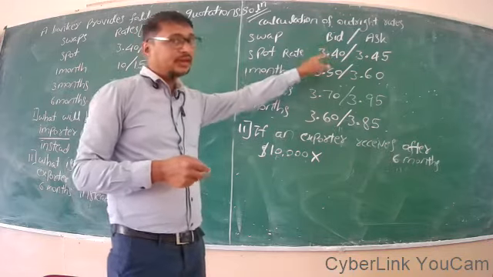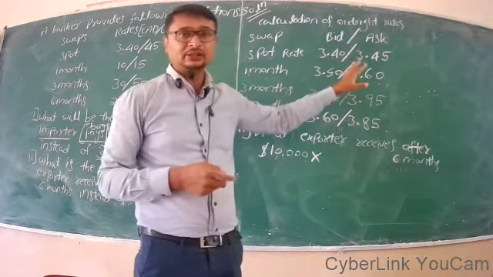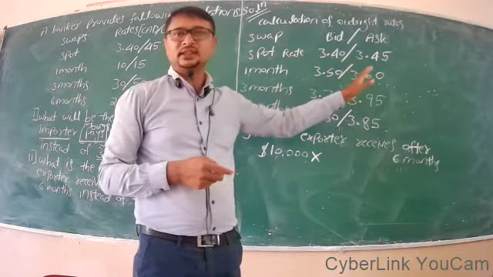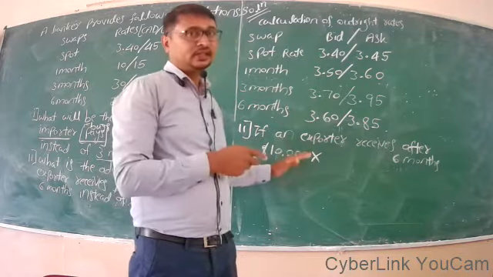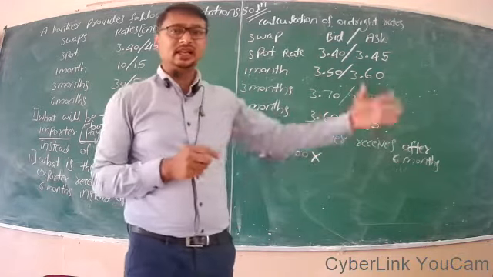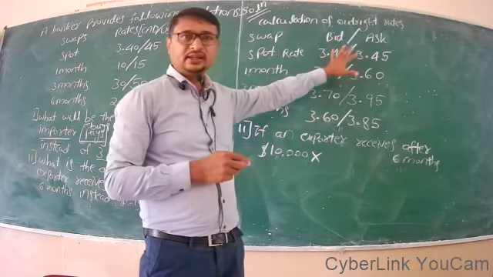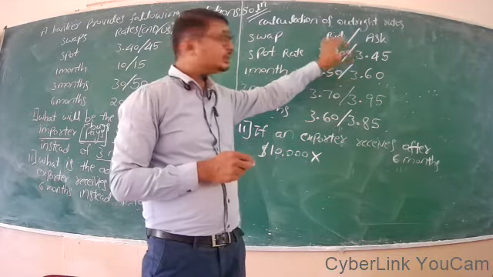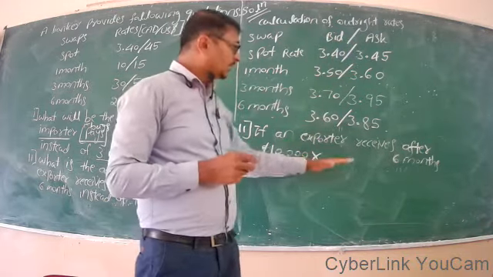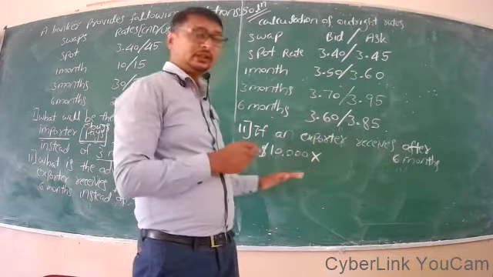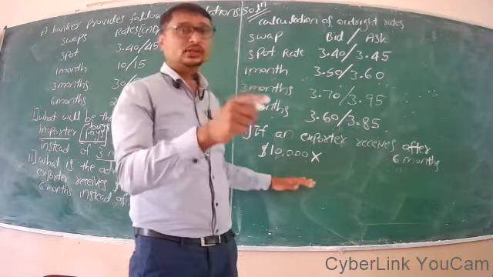The banker's quotation gives bid and ask. Bid is the buying price of the banker and ask is the selling price of the banker. Now the exporter is an individual. He is selling the US dollars and the banker is the buyer here. So the banker has given his buying rate, the bid rate. If the exporter receives US dollars, he is going to convert them by selling to the banker.